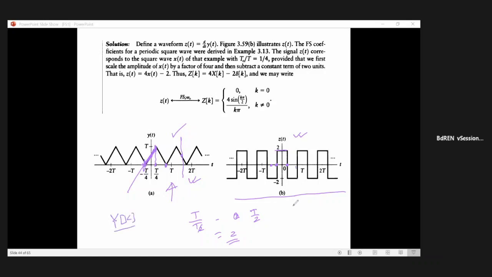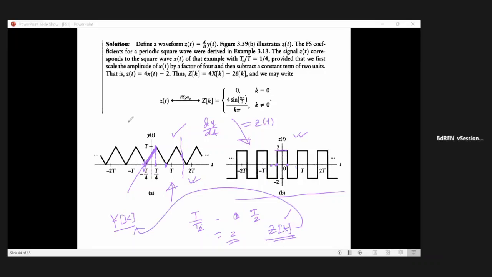Then we differentiate, so dy by dt is integrated, and we obtain a very simple signal. We call this signal z(t), and the Fourier constant Zk is very easy to determine. If Zk is available, then what do you need? By using that Zk, we have to obtain Yk, isn't it?